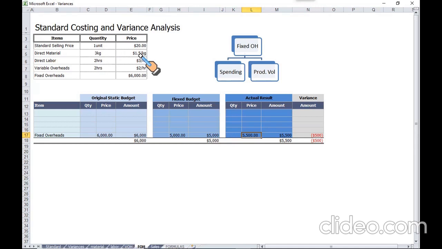Then we discuss with the production manager and we establish 2 hours of production. It means each unit requires 2 hours. Then as per the labor contracts, we establish that $3 per hour is the labor rate. So this is the standard quantity of labor that should be used in each unit.